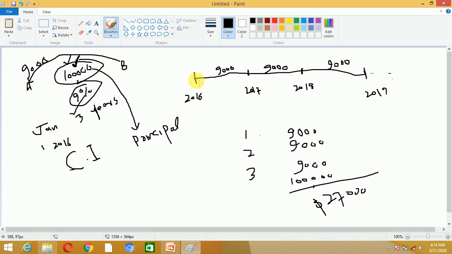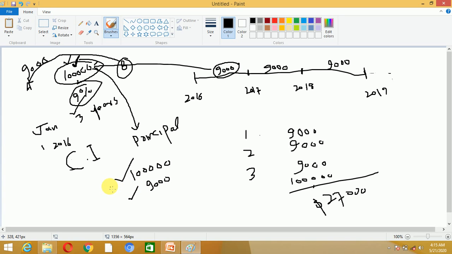See, in the previous case I told you that in simple interest, at the end of the first year, B paid $9,000 to A. But here, B is not paying this $9,000 to A. This $9,000 will be accumulated to this $100,000. It means you will receive interest in the next year on this $100,000 as well as on this interest that we already earned.